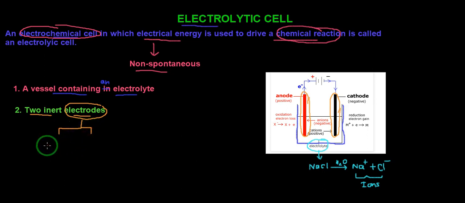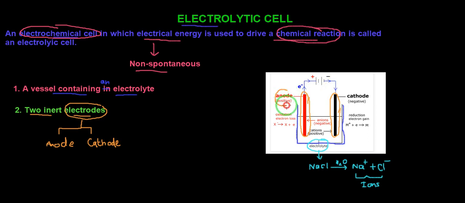The first one is anode and the second one is cathode. As you can see, this red one is known as the anode.